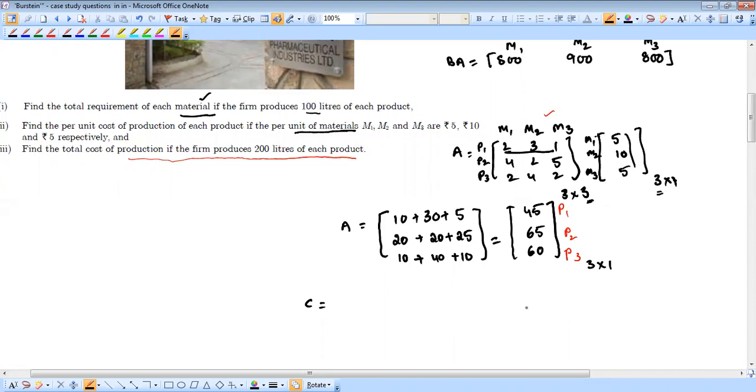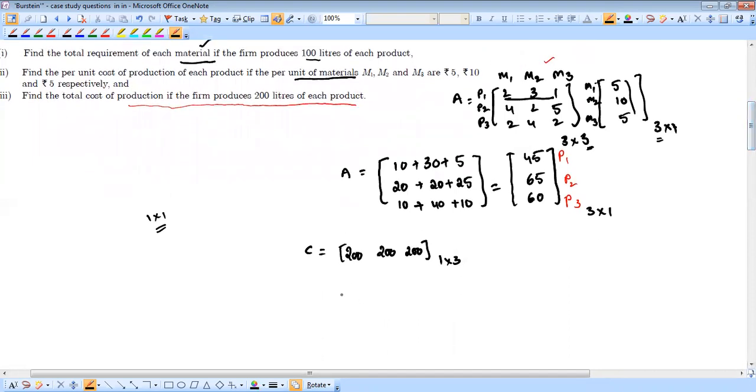So definitely, for total cost, the order of the matrix should be 1 by 1. So we have to take the matrix now 1 by 3: 200, 200, 200. Now multiply C and A: 200, 200, 200 with 45, 65, and 60.